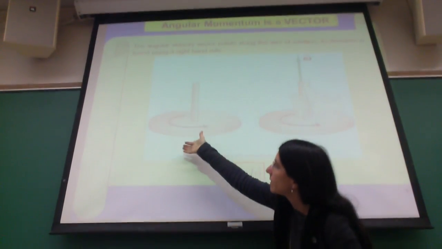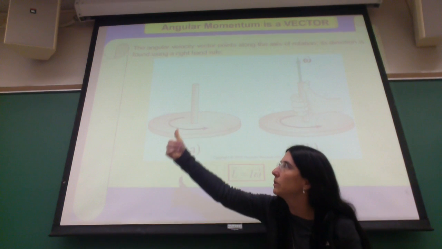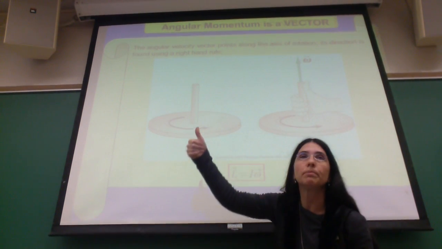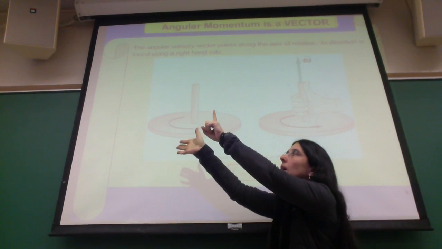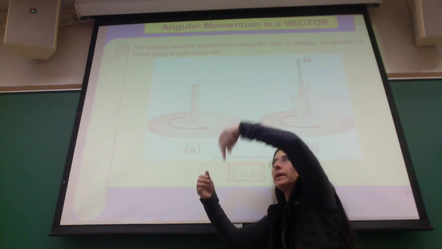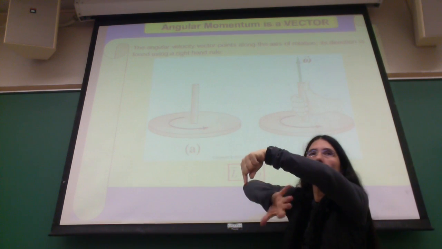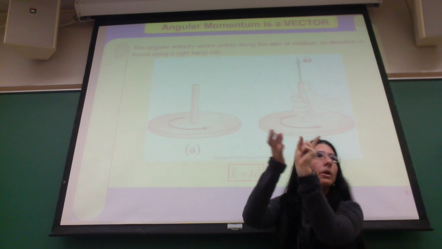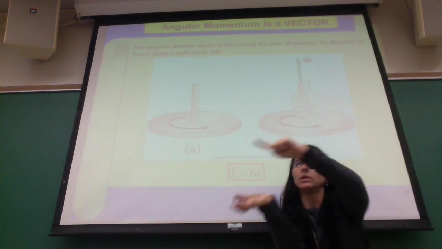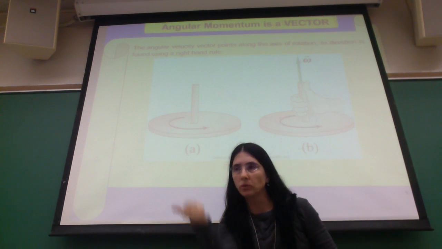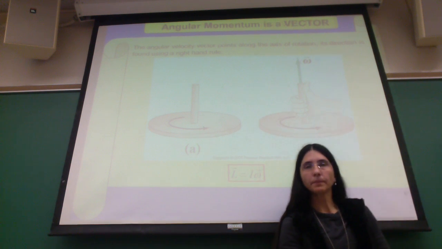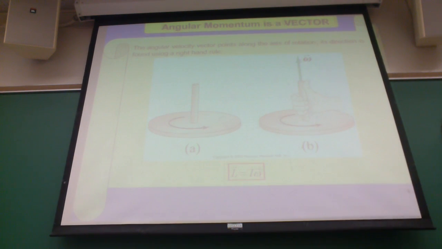If I'm rotating in this direction, I just give you this vector, and you say, oh, she's rotating like this. If I gave you a vector like this, you say, oh, she's rotating like that. So it's just to give us the direction of the rotation. The thumb can point up or any direction.